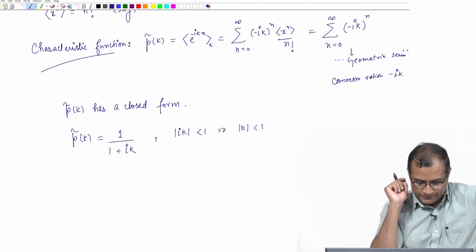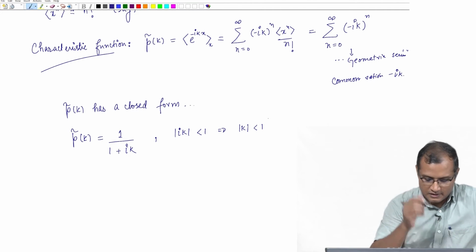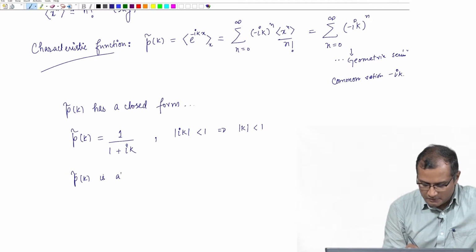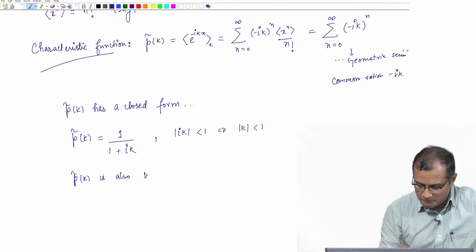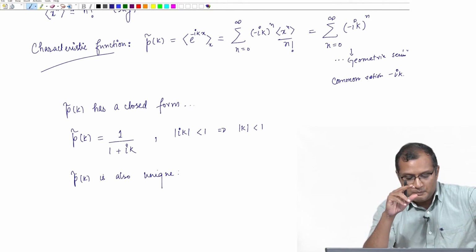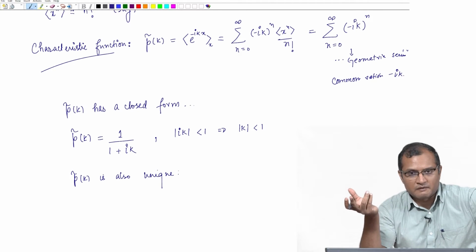But wait, this p of k, or the characteristic function, is also unique because it is a Fourier transform, which means p of k has the same form outside the circle of convergence.